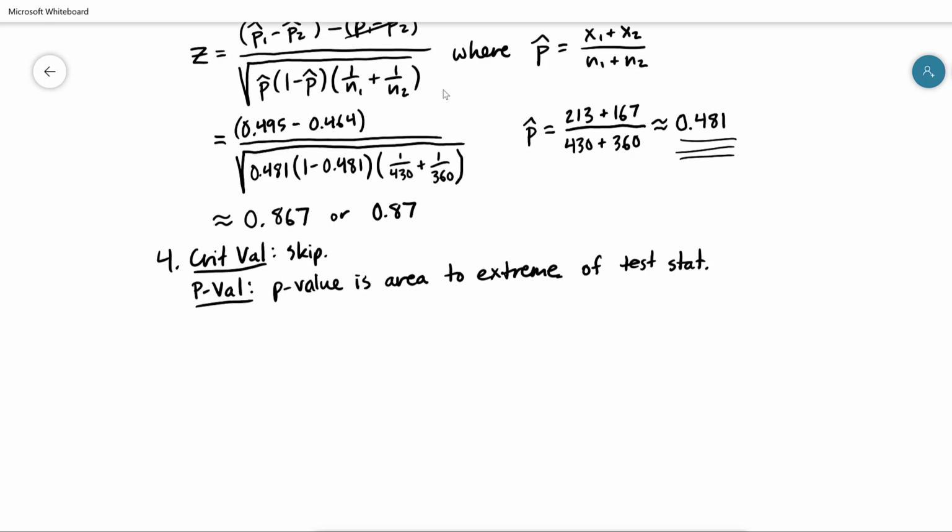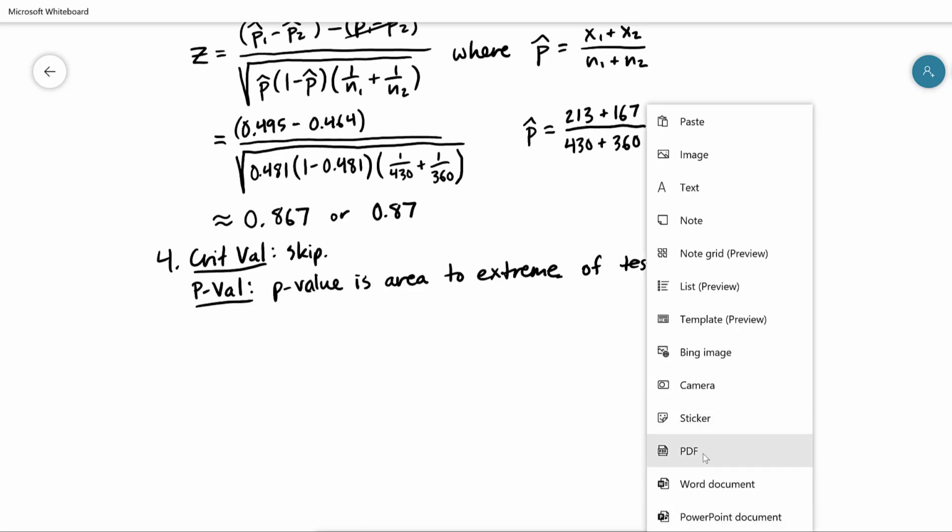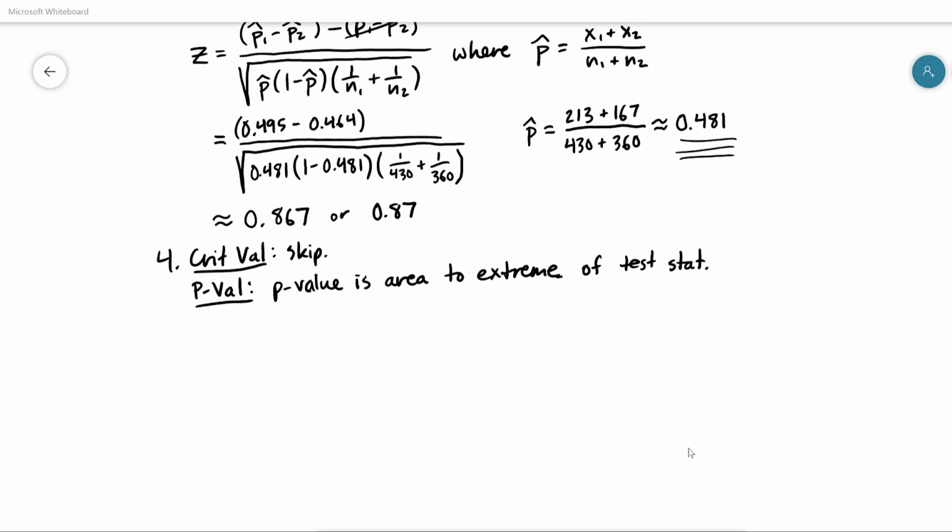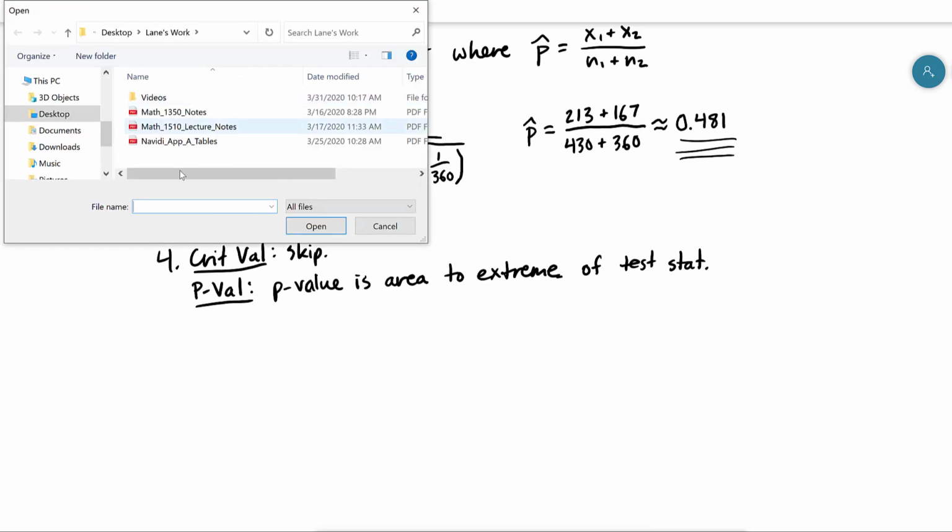So if we get back out our tables, let me add a table in. Remember, we're using a normal distribution, a z-score, so we're allowed to use table A2. And I want the area to the right of this 0.87. And then I'm going to have to double that area so that I also get the one to the left of negative 0.87.